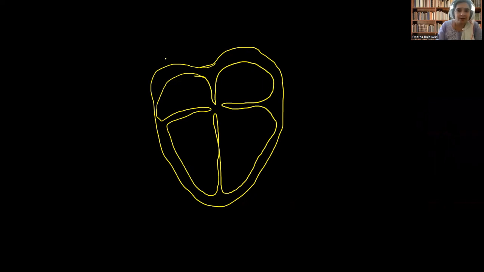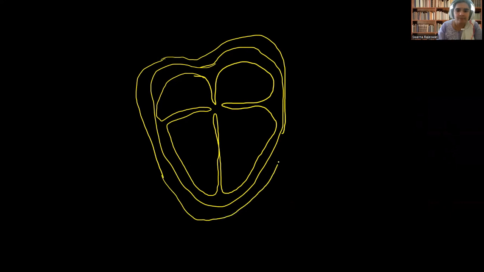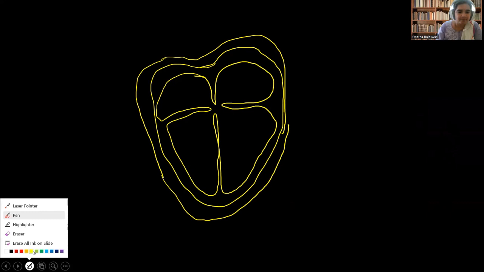First we are drawing the pericardium also, which covers the heart. Neatly I will draw.